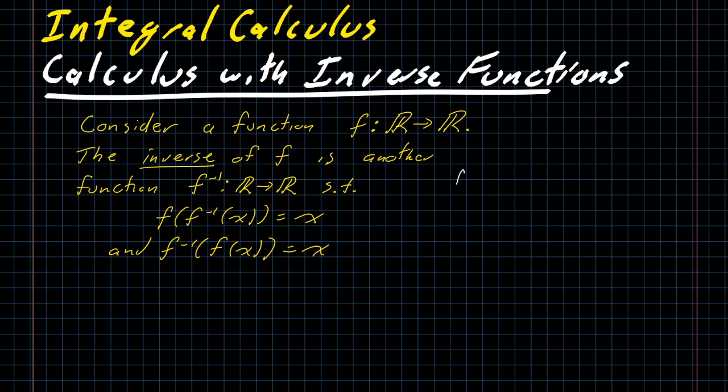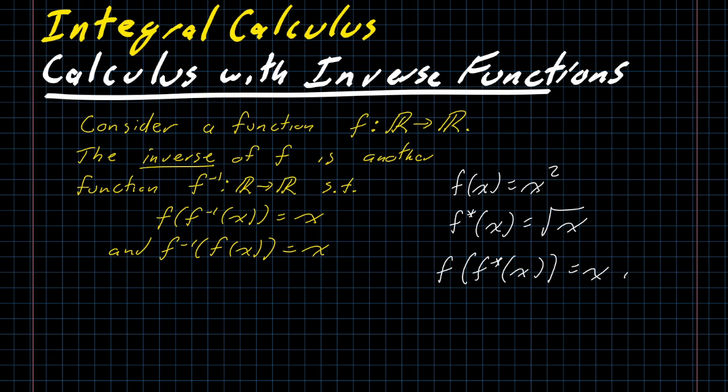Because if I talk about f of x as x squared, and I'm going to denote the square root of x as f star because it's not actually an inverse, then f of f star is equal to x if x is greater than or equal to 0. If x is less than 0, it's undefined.